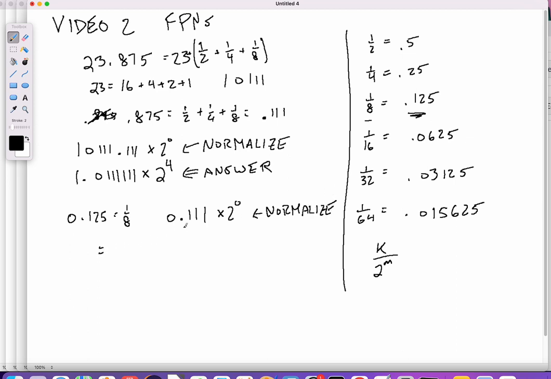We'll do this in steps. So that would be 1.11. Notice I've moved the decimal point over 1, times 2 to the minus 1. But let's stop right there. That is normalized right there. I have exactly one digit to the left of the decimal point: 1.11 times 2 to the minus 1.